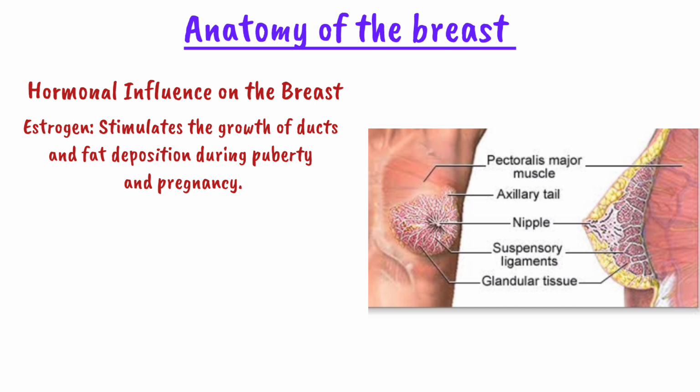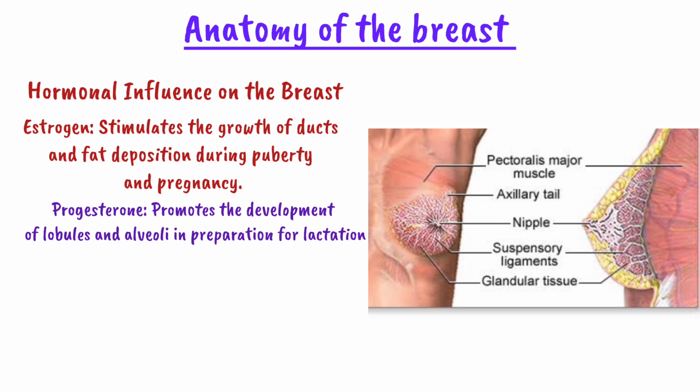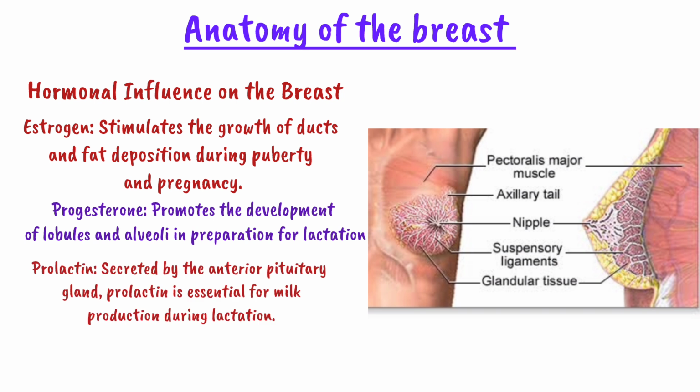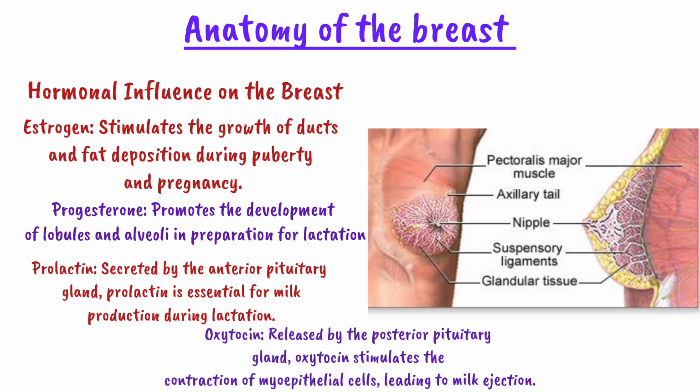Then number 2 is progesterone, and this helps to promote the development of lobules and alveoli in preparation for lactation. Then another hormone is prolactin, which is secreted by the anterior pituitary gland, and prolactin is essential for milk production during lactation. Another hormone is oxytocin, released by the posterior pituitary gland. Oxytocin stimulates the contraction of the myoepithelial cells, leading to milk ejection.